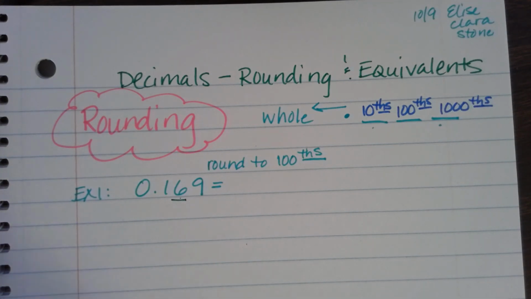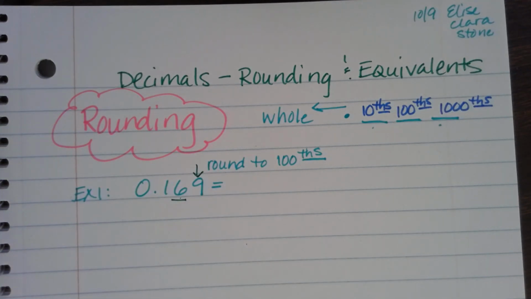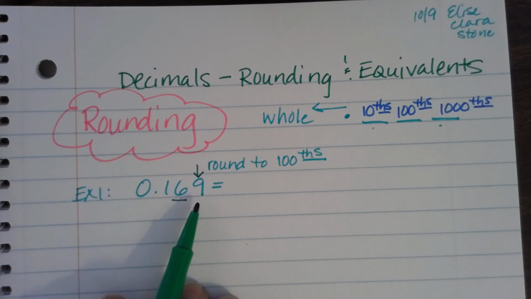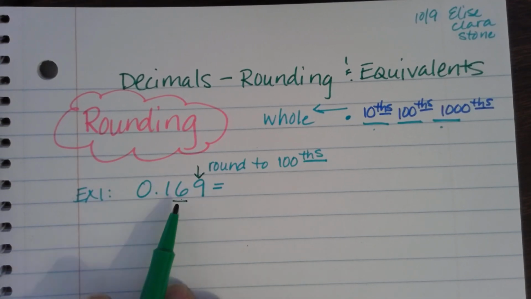Now, my next step is I look to my neighbor to the right, and the rules are 5 or more, let it soar, or whatever you've learned, right? 4 or less, let it rest. So this 6 is either going to stay the same or become a, what, guys? Dawson? 7. A 7. All right, now the 9 is bigger than the 5. So that 6 will become a 7.